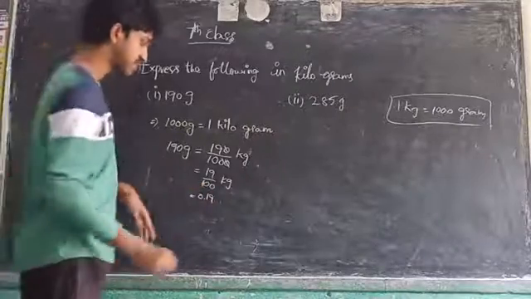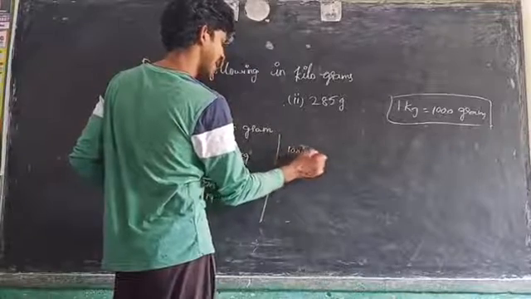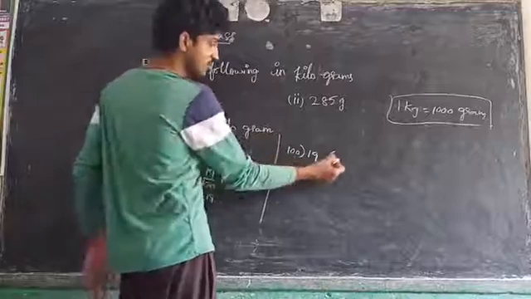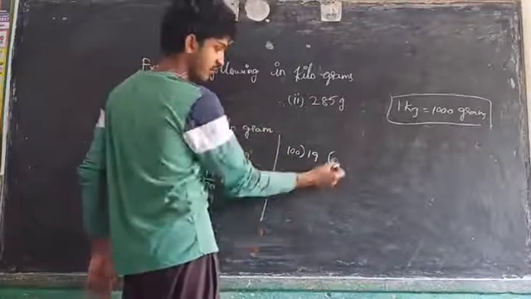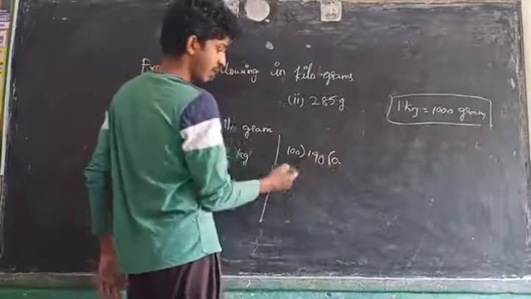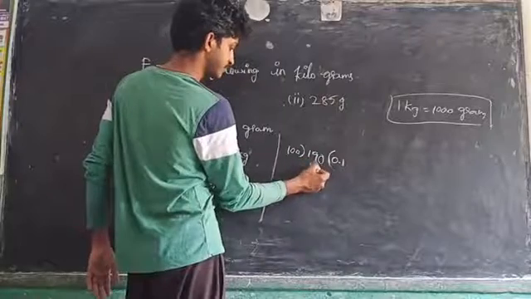Or if you divide this normally, 100 here and 19. So 100 is greater than 19. So put 0 here, put 0 and a decimal point. So add 0 here. How many times in 190? 1 time. 100 here.